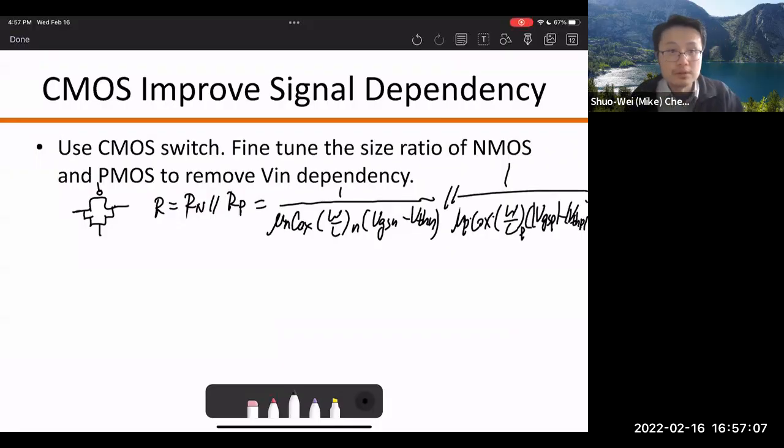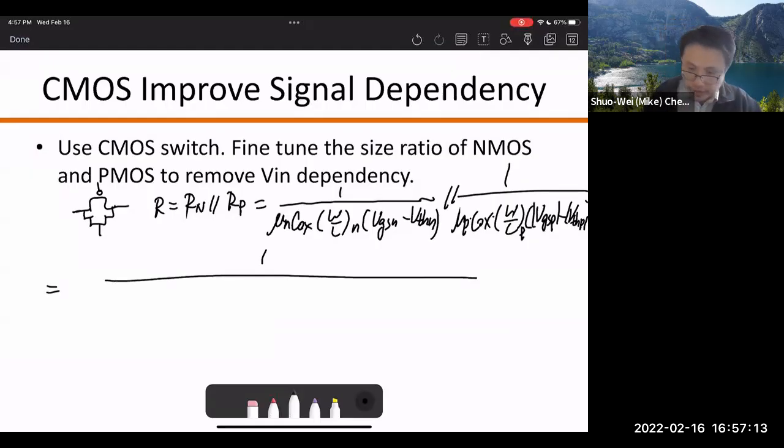All right. So these two on resistances are in parallel, and so you have to add the inverses, right? 1 over RN and 1 over RP.